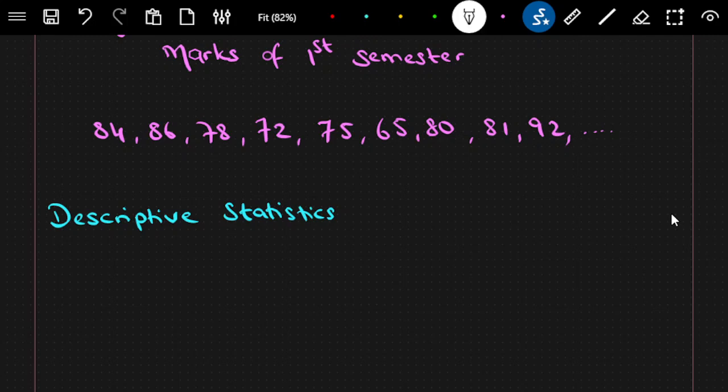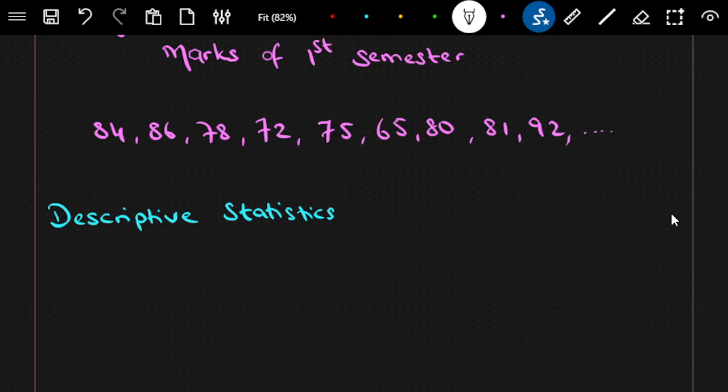Simple, right? One question can be, what is the average marks of students in the class? This is descriptive statistics. We want to know the average marks of students in the class. This is a summary of the marks of the maths class.